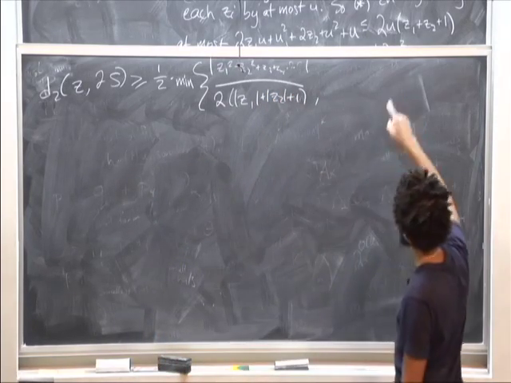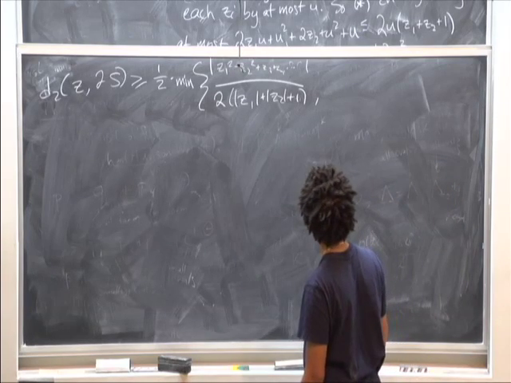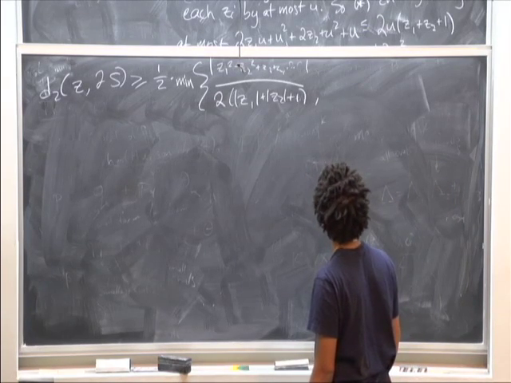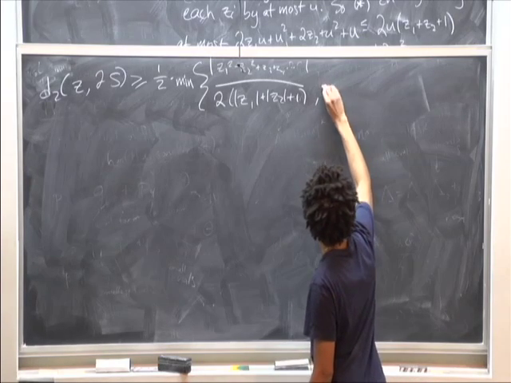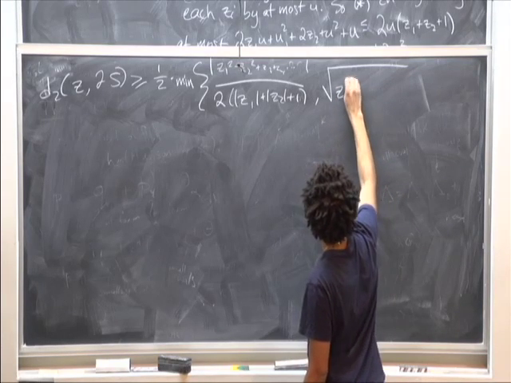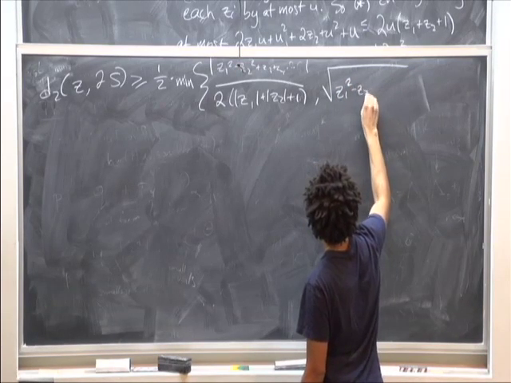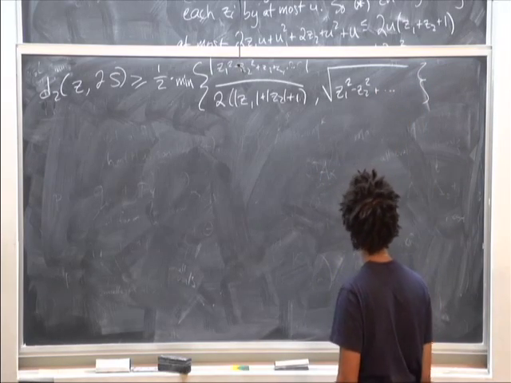The other term there was like u squared, so the square root of z1 squared minus z2 squared plus something like that.